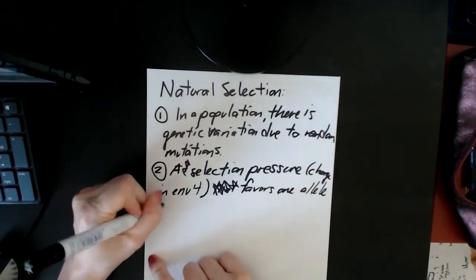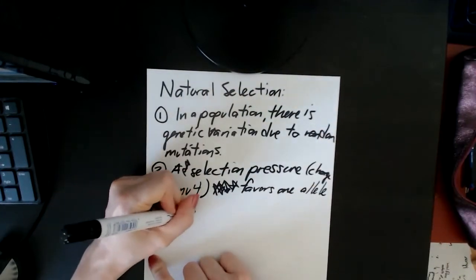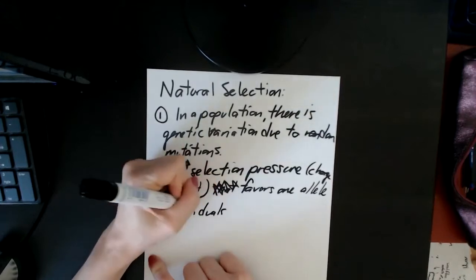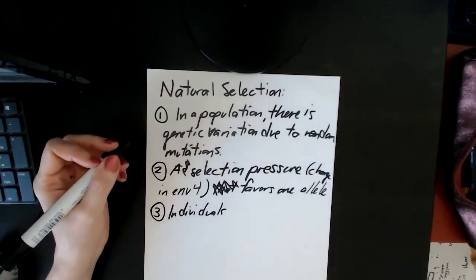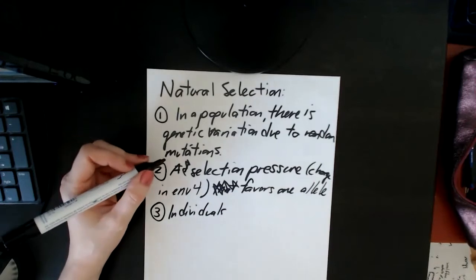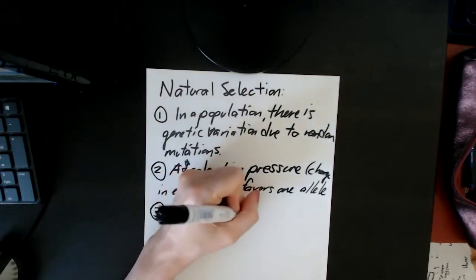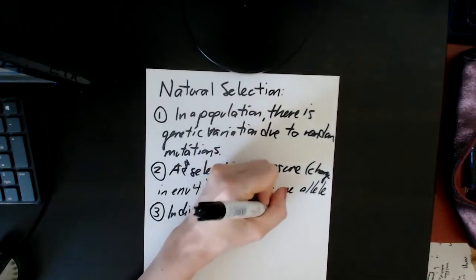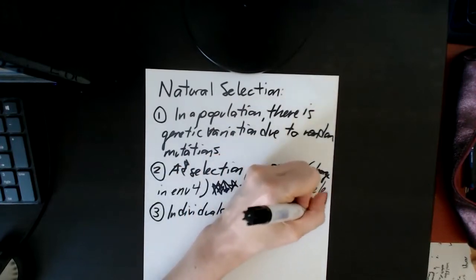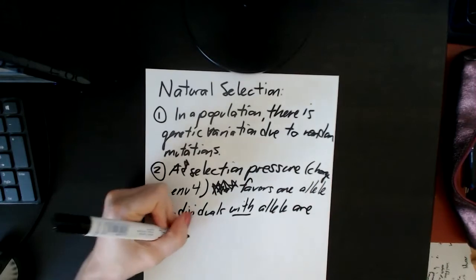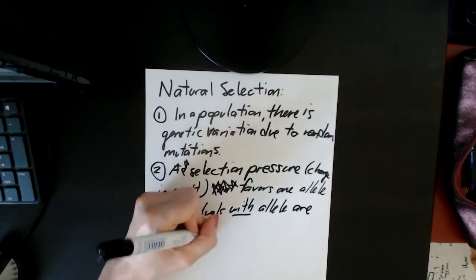And that means that individuals with that allele, again, doesn't matter whether we're talking about bacteria or people or animals or fungus or plants or whatever, individuals with that favored allele are more likely, and this is key, more likely to survive.